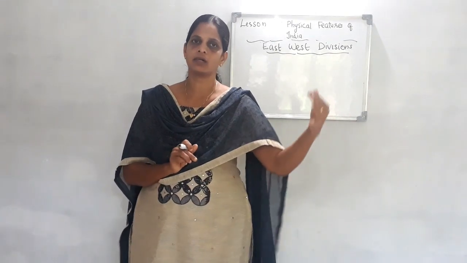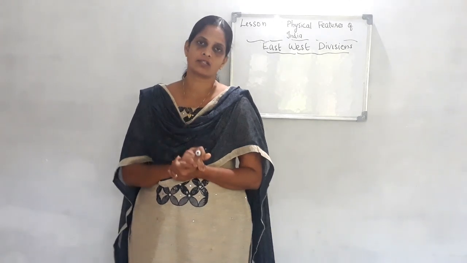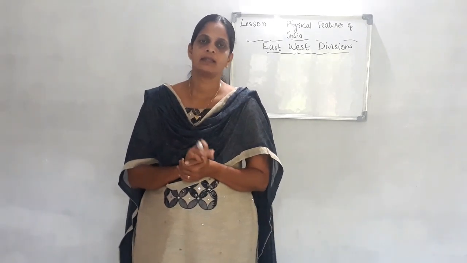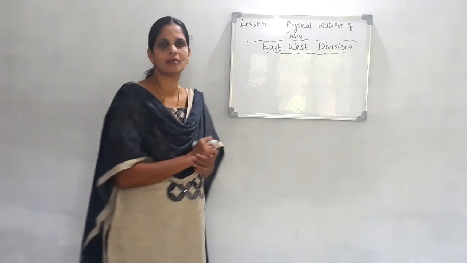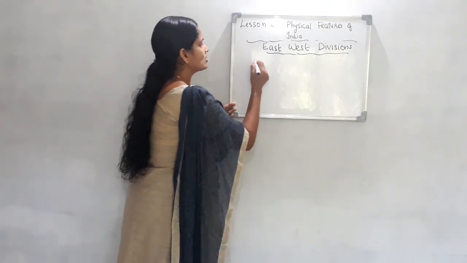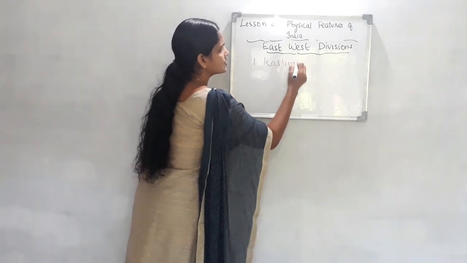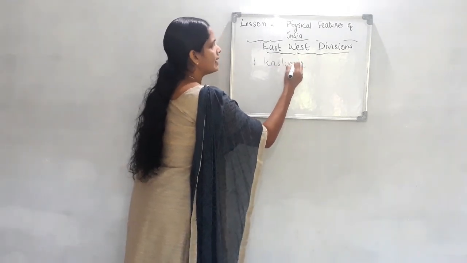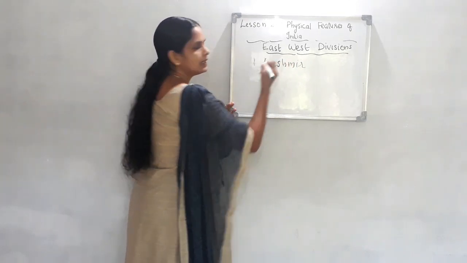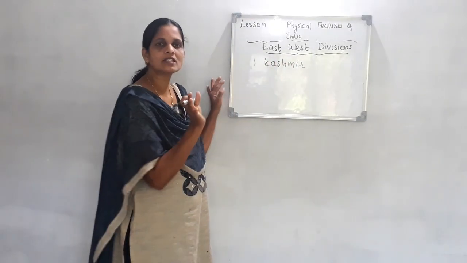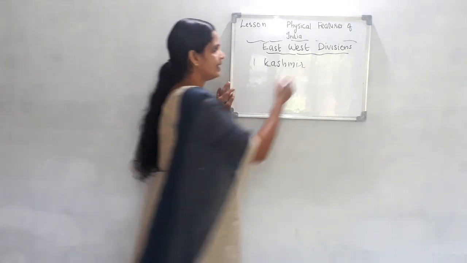From Indus River to the Satluj River, the Himalaya is locally known as Kashmir Himalaya. Nothing more to mention, my dear children, because in Jammu Kashmir, Himalaya is known as Kashmir Himalaya.